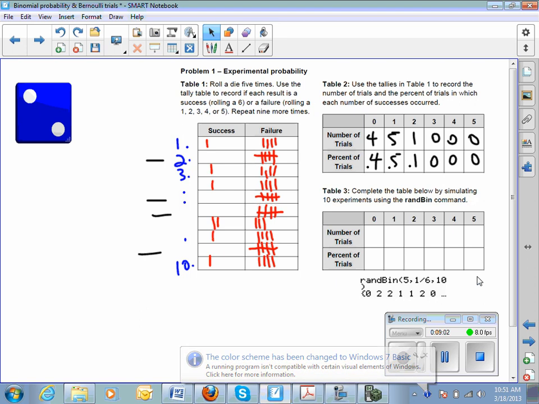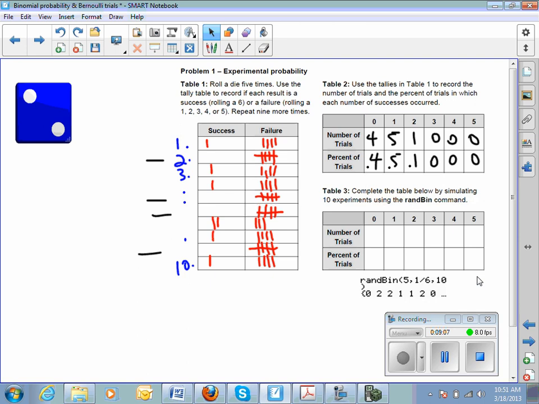And then the arguments are these. 5 is going to be the number of trials in each experiment, and 1/6 is the probability of success, and 10 is the number of experiments. So we're basically recreating the experiment that we did over here in problem 1, but we're doing it using a calculator. And then the calculator will have as output down here the total number of successes in each one of the experiments.